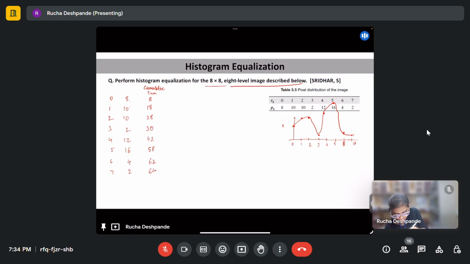Then we normalize these cumulative values using the total number of pixels, which is 64. So 8 by 64, 18 by 64.